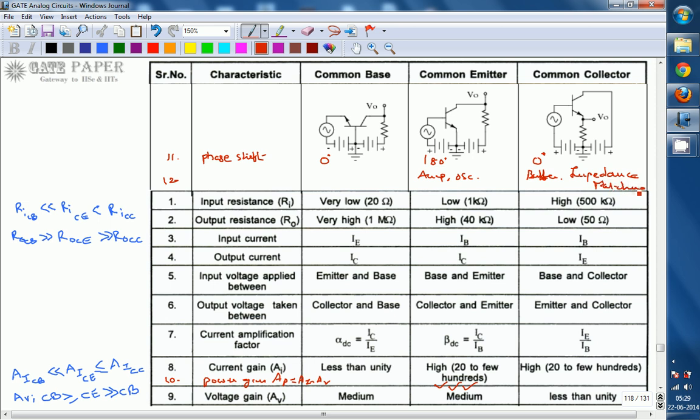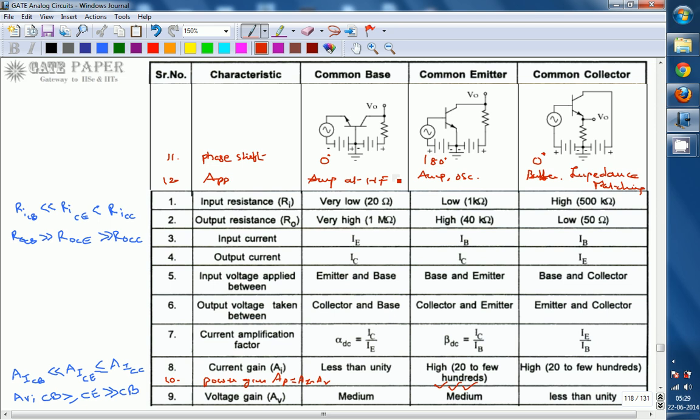Common base acts as an amplifier at high frequencies. So these are the applications related to common base, common emitter, and common collector.